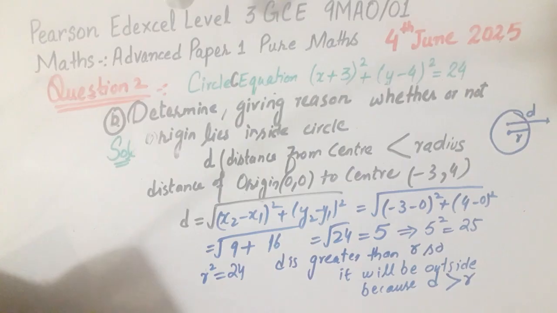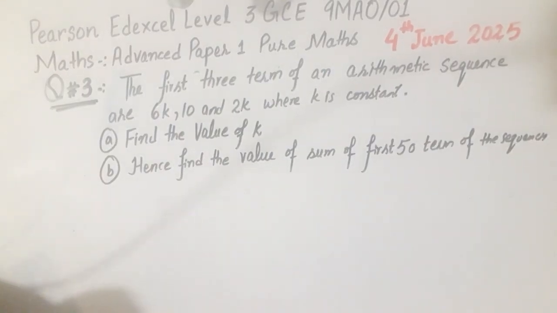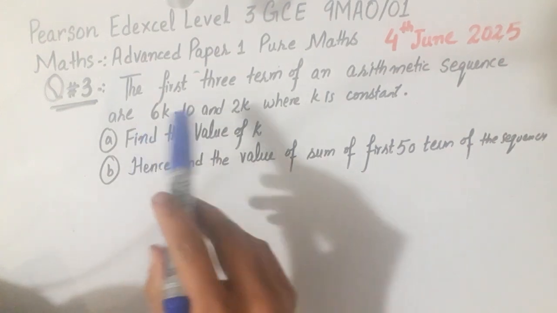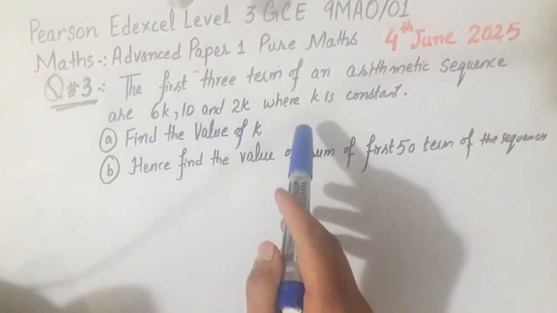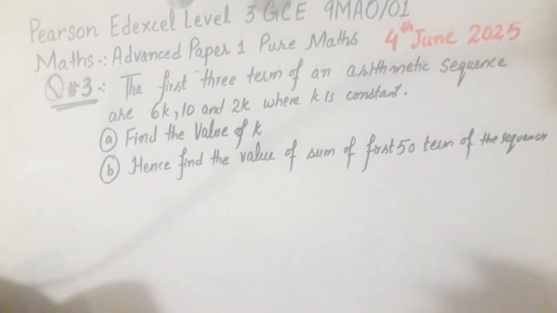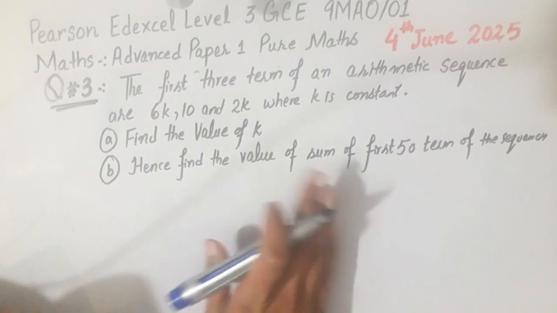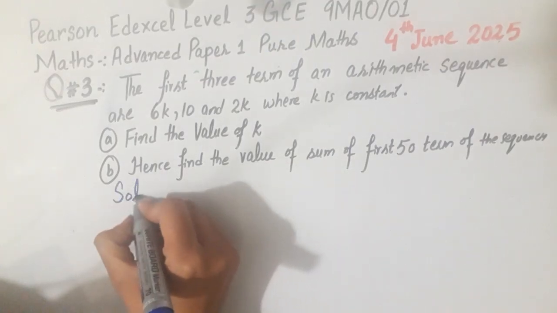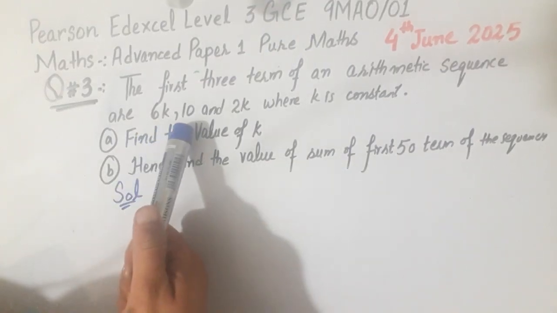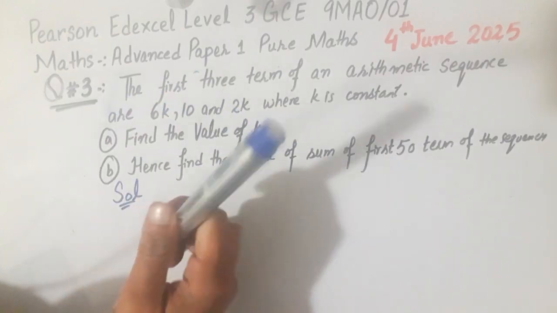Now we will solve question number 3. The first three terms of an arithmetic sequence are 6k, 10 and 2k, where k is a constant. Find the value of k. In an arithmetic sequence, the difference between consecutive terms is constant. This is the first term, this is the second and this is the third. Consecutive means one after another.